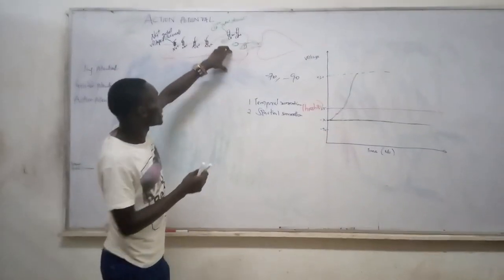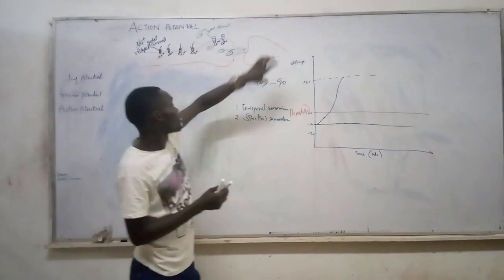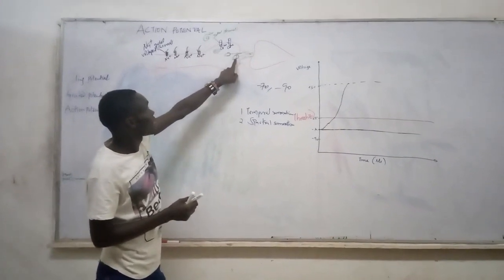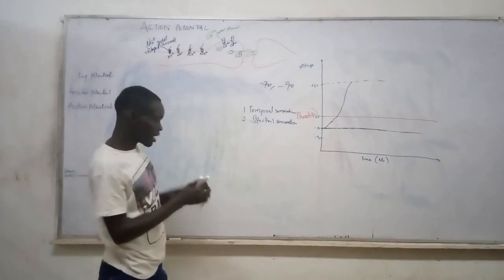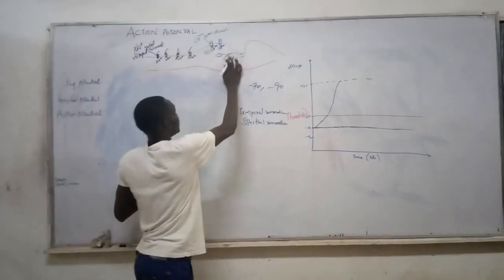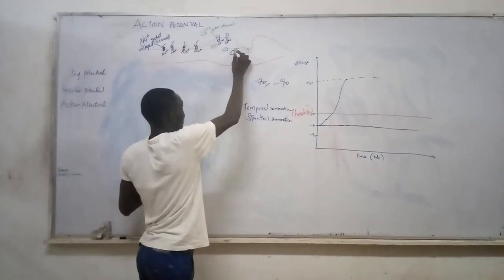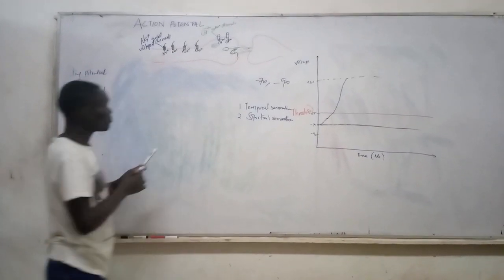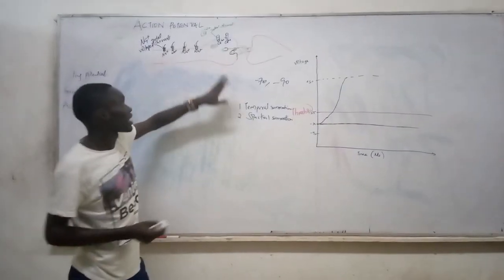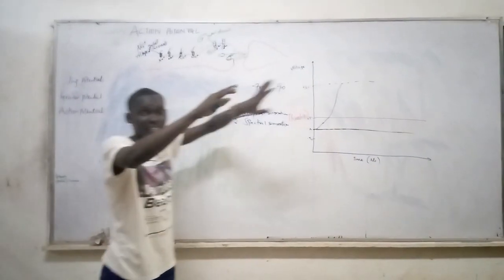Remember, this is the presynaptic neuron, and this one is the postsynaptic neuron. As the vesicles adhere to the presynaptic membrane, it opens and releases its contents.